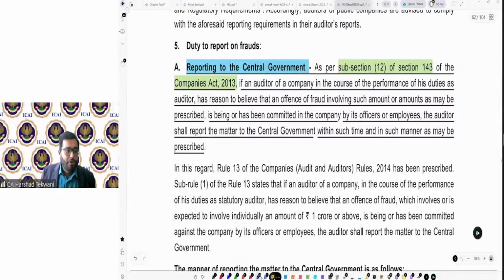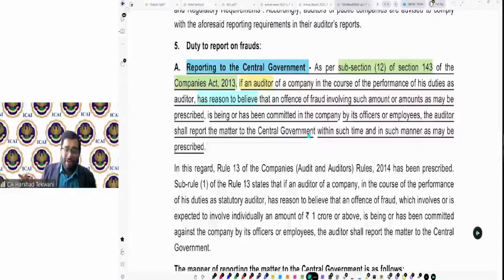Number one, the responsibility is on the auditor of the company. If an auditor has a reason to believe, not actual fraud, but if he has a reason to believe that an offense of fraud involving such amount is being committed in the company or has been committed.